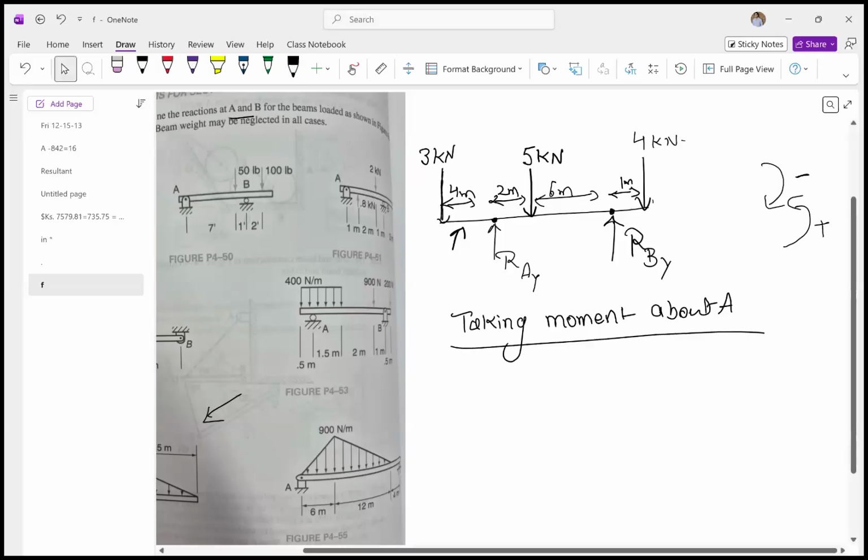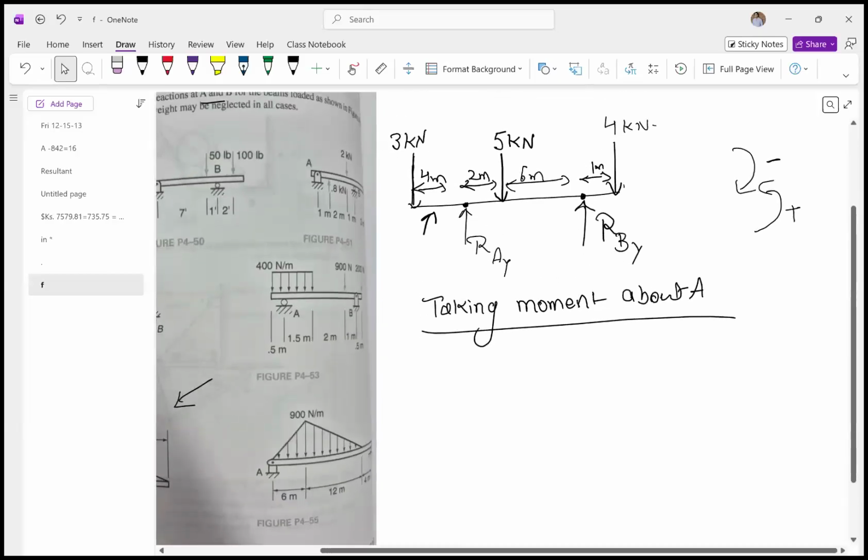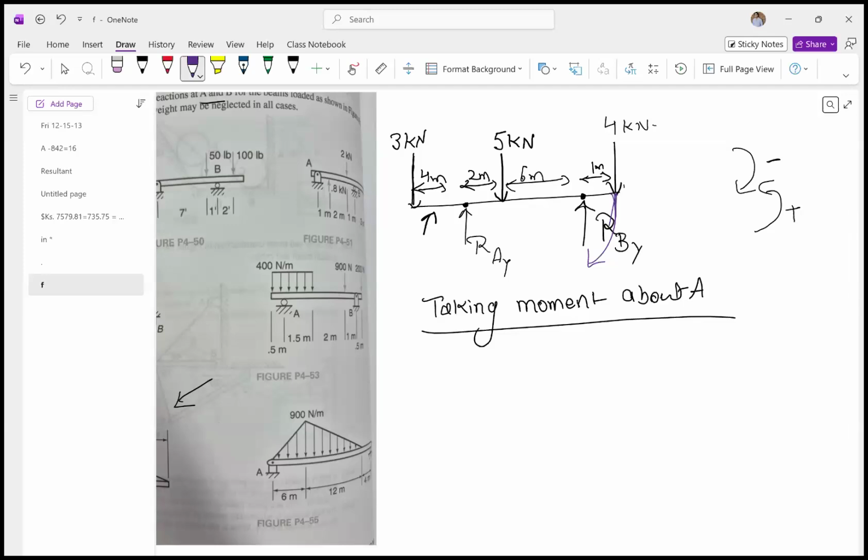All right, so if I take the moment about point A, this load is trying to rotate it in the clockwise direction about point A. So I'll write 4 times 9 with the negative sign, and this 5 is trying to rotate it in the clockwise direction also, so I'll write minus 5 times 2.